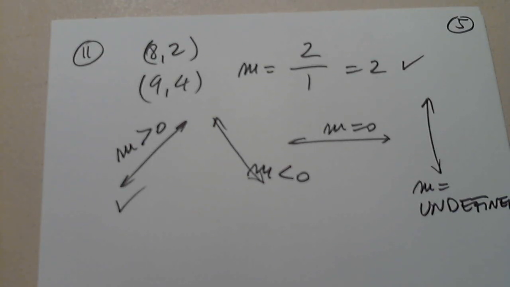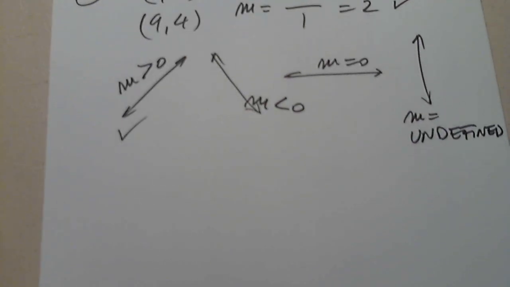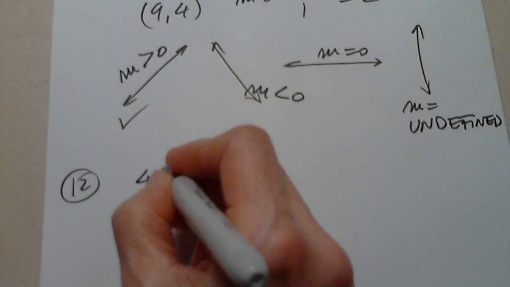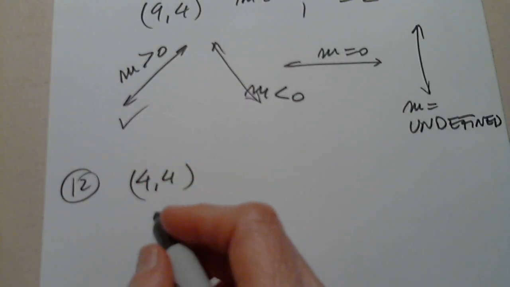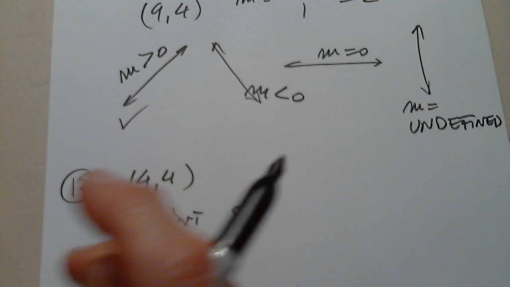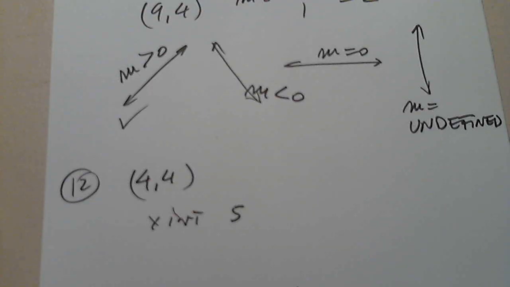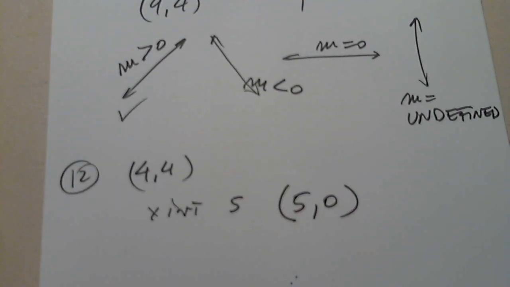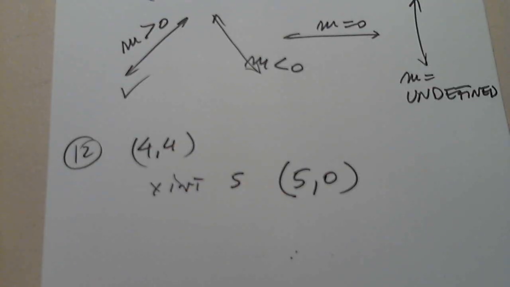12. Use the given conditions. Okay, so we have it passing through 4, 4, and the x-intercept is 5. Of course, they want to trick us. The x-intercept means 5, 0, not 0, 5.